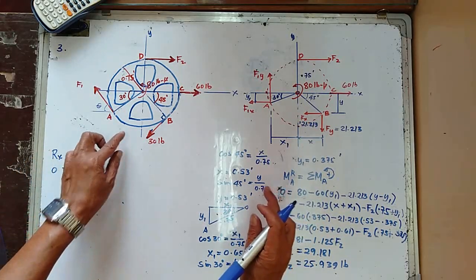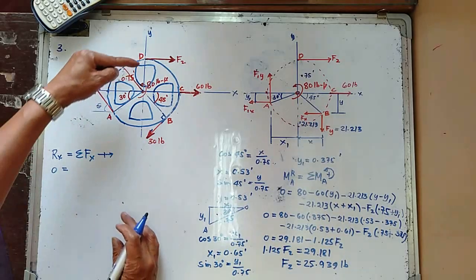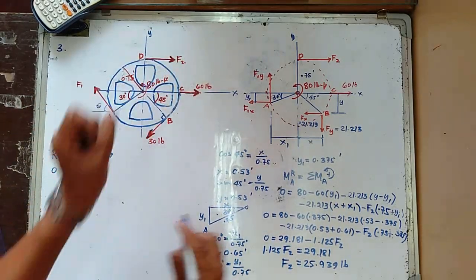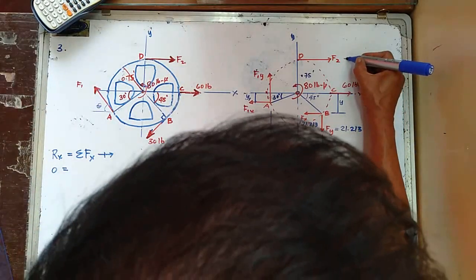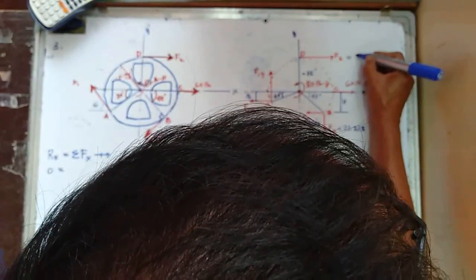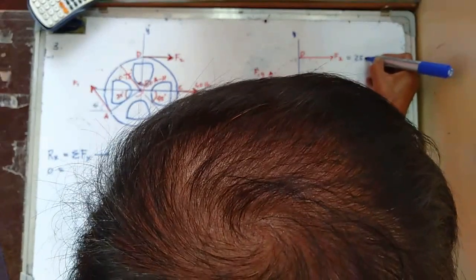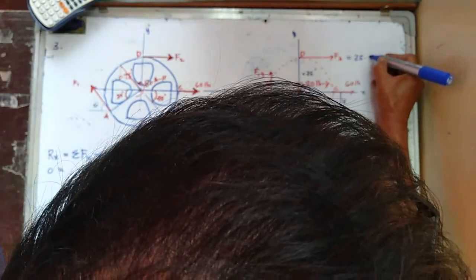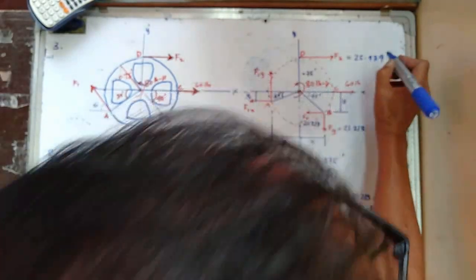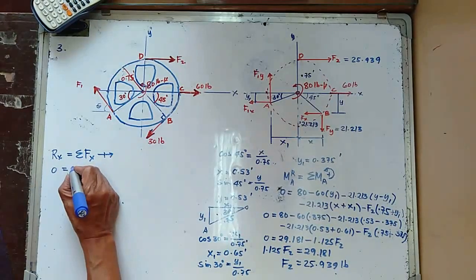F2 is going to the right, and it is already computed as 25.939 pounds.